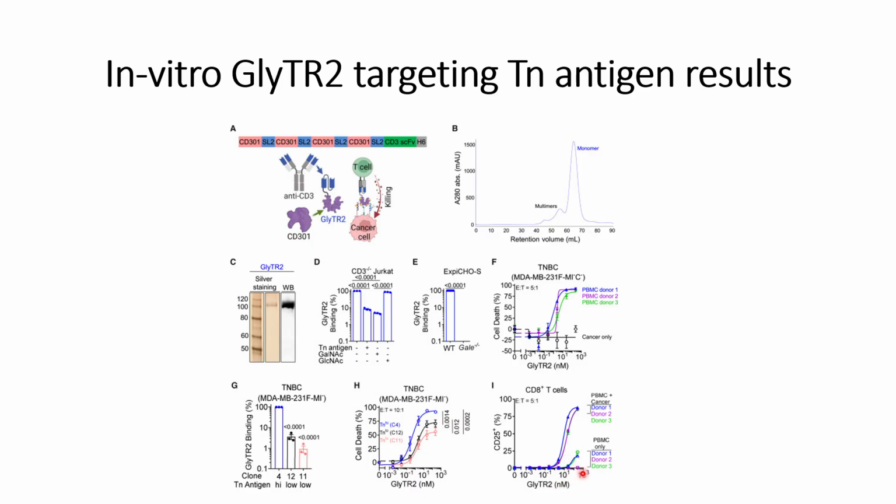In the control with only PBMC, they did not see any activated CD8-positive T cells. So this indicates that GlyTR2 is specific towards the tumor-associated carbohydrate antigen it is designed against, the TN antigen, and because of its cytotoxicity, it can also activate the immune system of the patient or host.